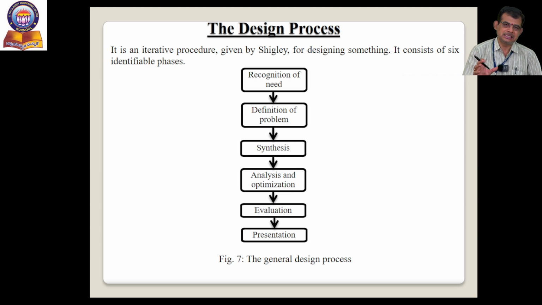Once the need is identified, the next step is the definition of the problem. After consolidating all the ideas of the customers and getting the feedback, the design engineer will define the problem. What is the problem area? How to satisfy the customer, how to give a good solution for their needs.